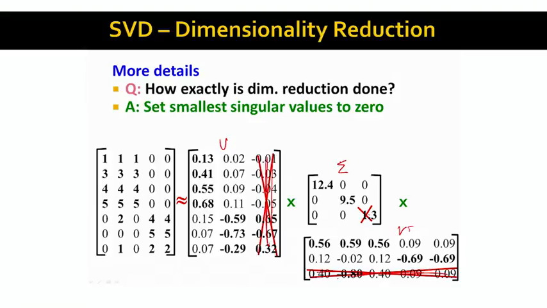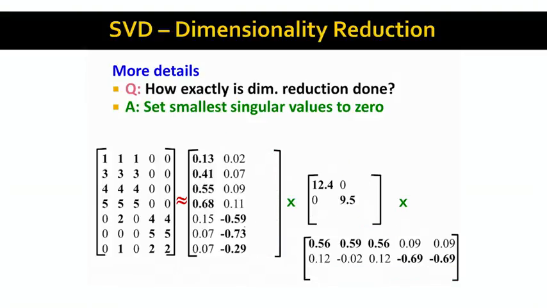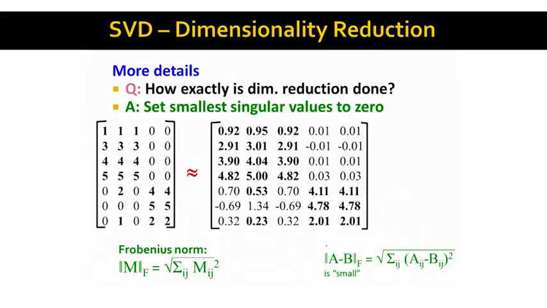If we now take the 3 new matrices that are smaller, they only have 2 columns and 2 rows, and multiply them together, here's the matrix we would obtain. Here's our original matrix A. Here's our new matrix, let's call it A prime, or give it a name, B. What you notice is that A and B are very similar to each other.